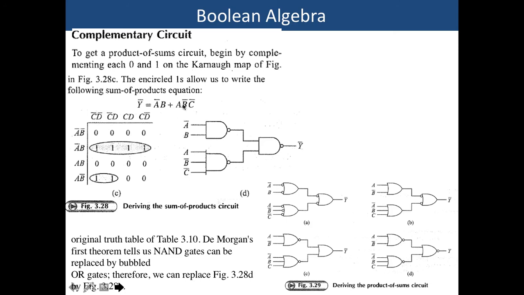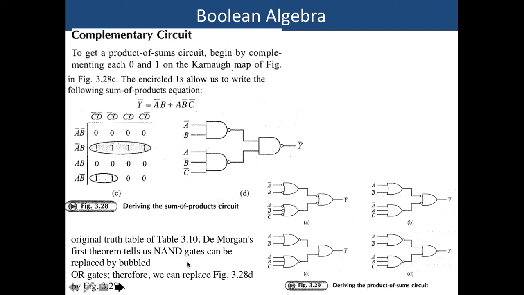Okay, so this is a total of 3 gates, A bar B, A B bar, C bar, which are connected to another NAND gate. We know De Morgan's first theorem tells that NAND gates can be replaced by the bubbled OR gate.